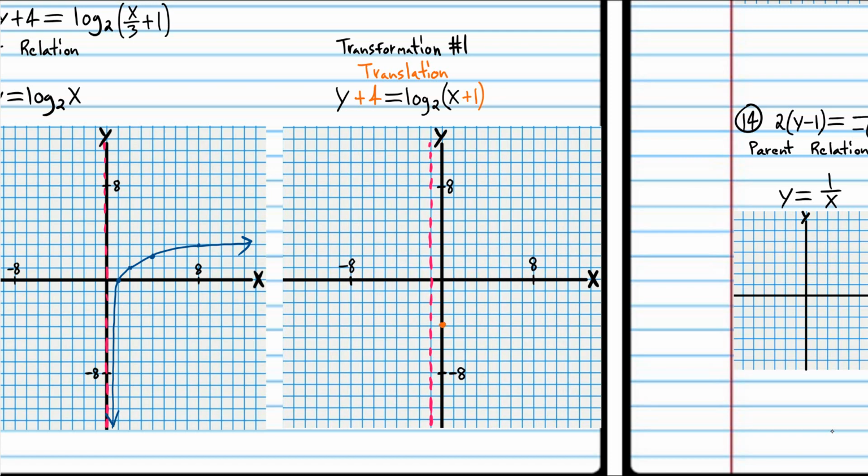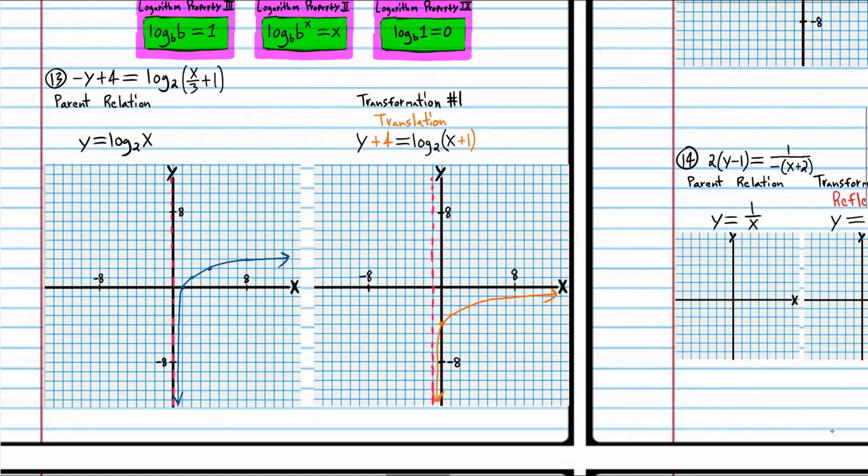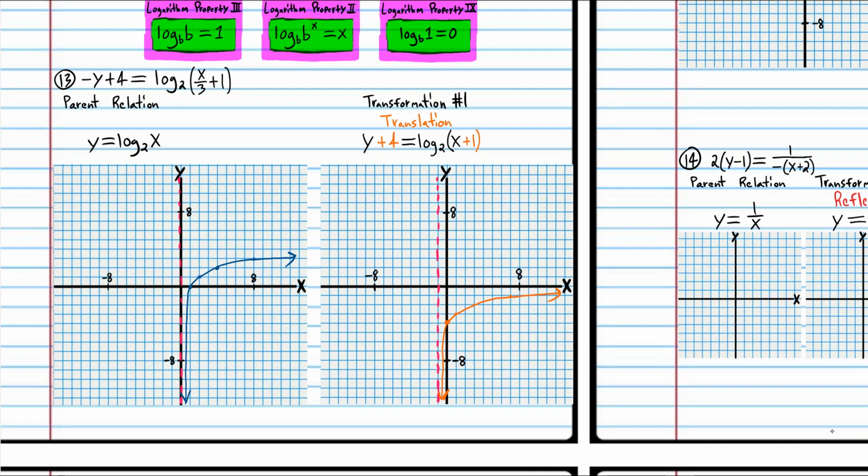And once I get that point, I can look at how all these points are related, how far they are, and then just use that logic to plot the other points. And there you go. So all the points moved 1 unit to the left and 4 units down.